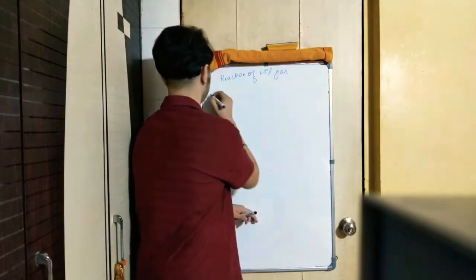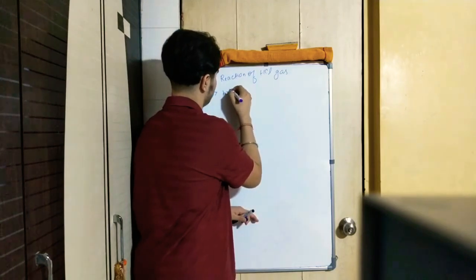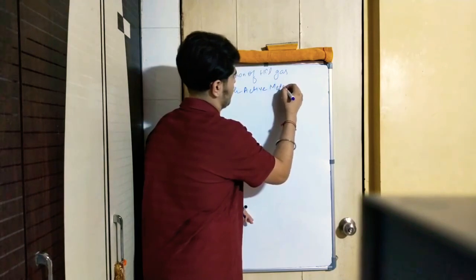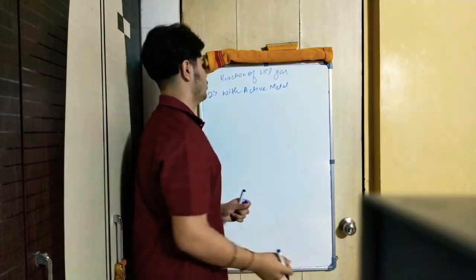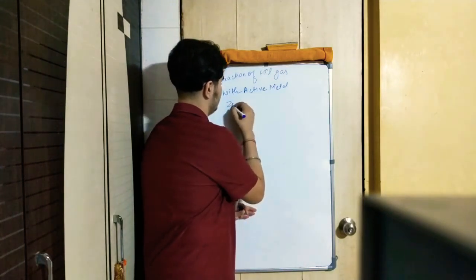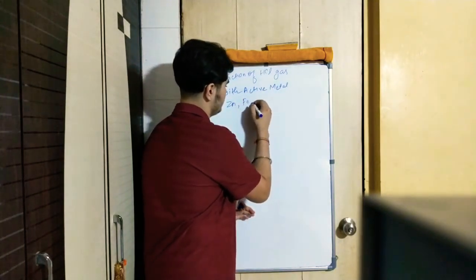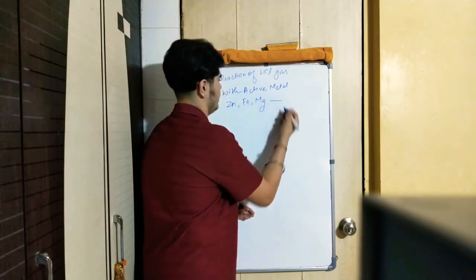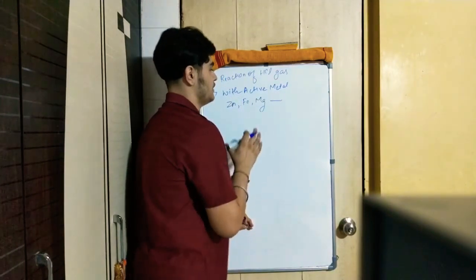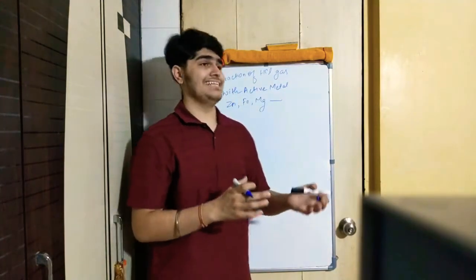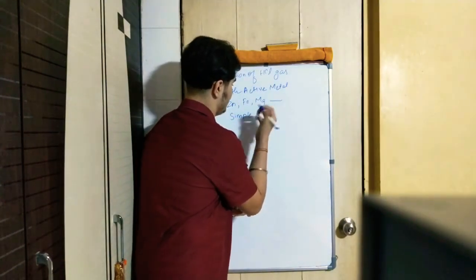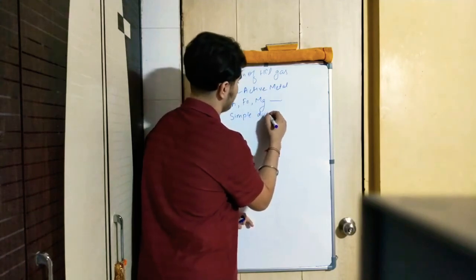The second reaction is with active metals. What do you mean by active metals? The group 1 and 2 metals, or the metals which are highly reactive like Zn, Fe, Mg, etc. The type of reaction between the metals and HCl gas is a simple displacement. You learned simple displacement reaction in the 8th standard.